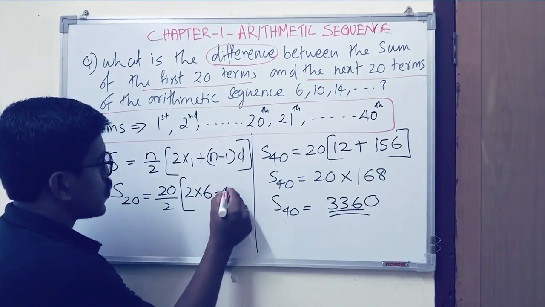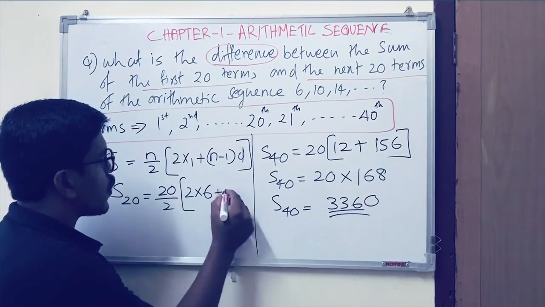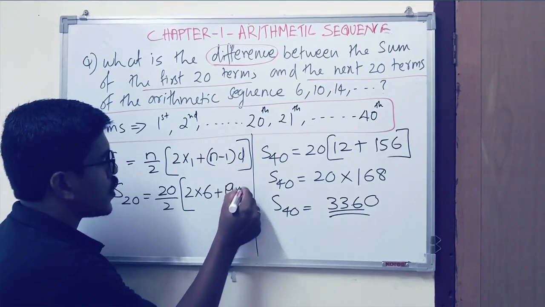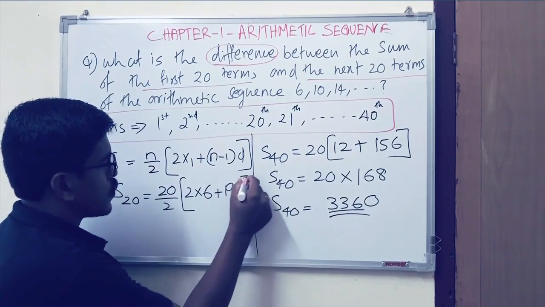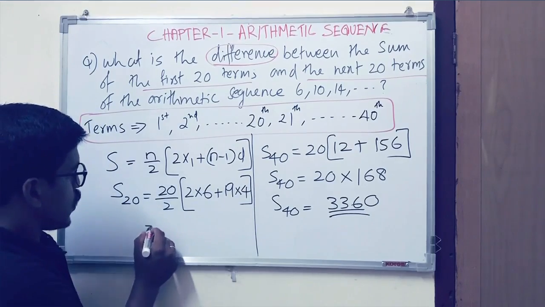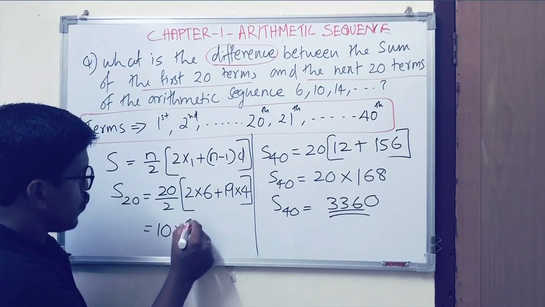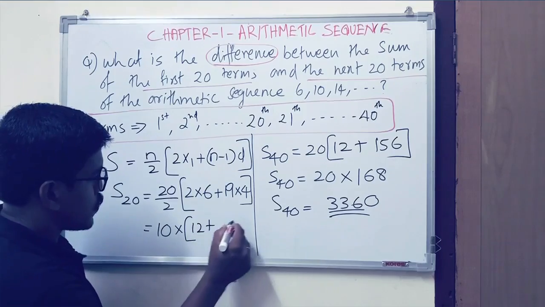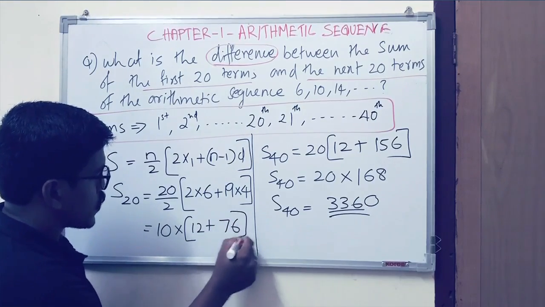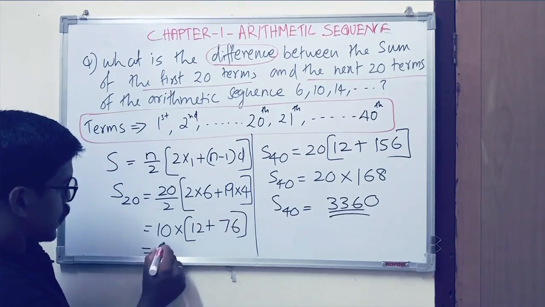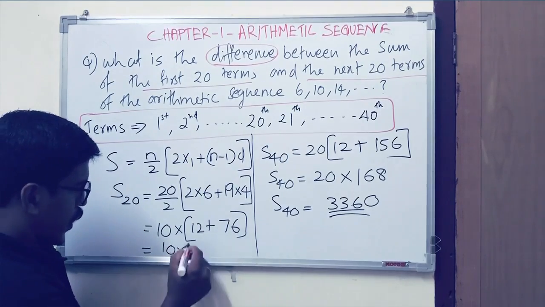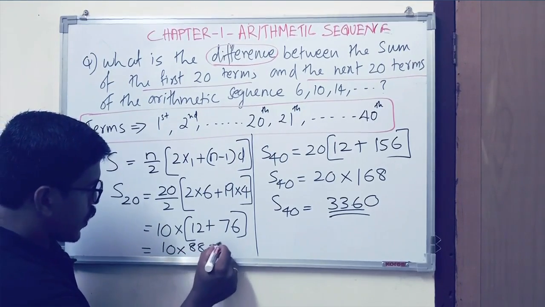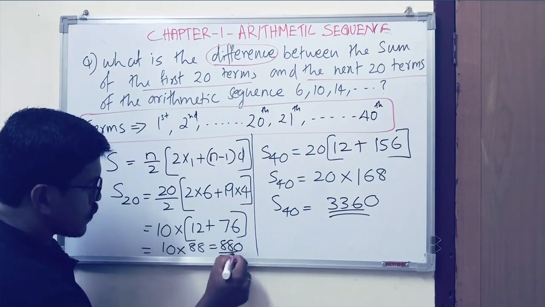N minus 1, that is 20 minus 1, 19, into 4. That is equal to 10 into 12 plus 76, that is 10 into 88, that is 880.